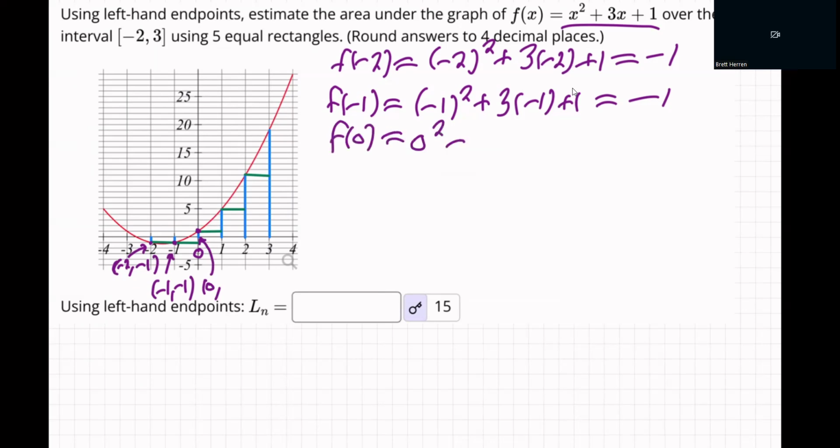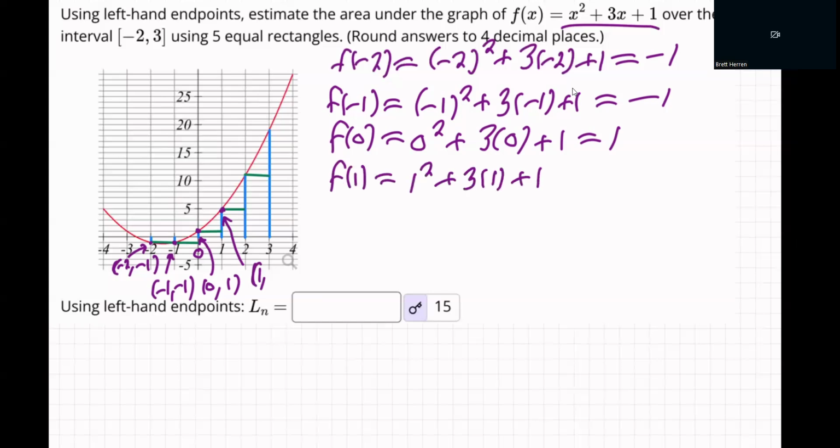Plug in 0: 0 squared plus 3 times 0 plus 1 is 1, so 0, 1. And this point right here is 1, comma: 1 plus 3 is 4, plus 1 is 5. So 1, comma 5.